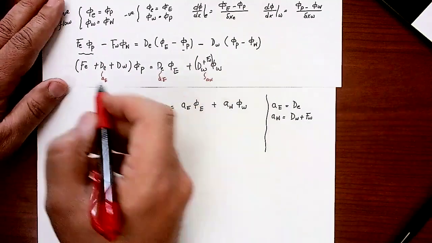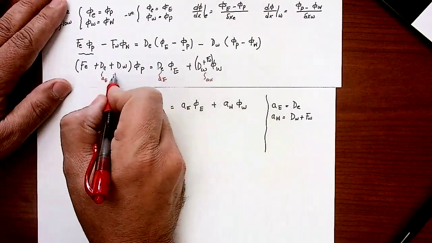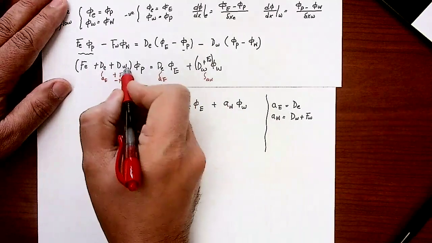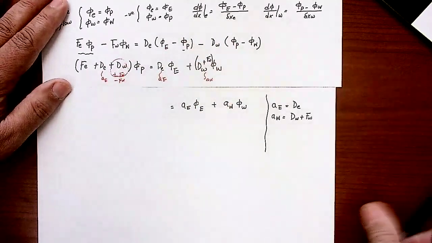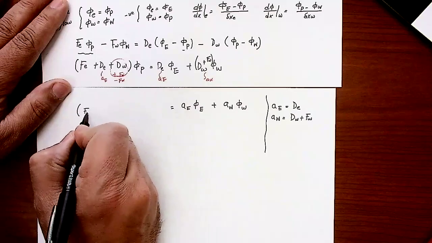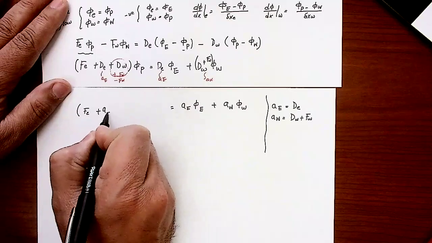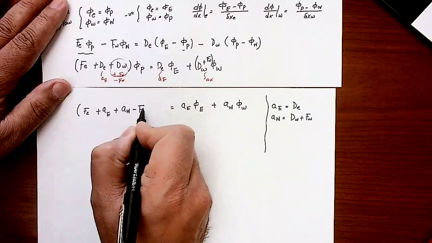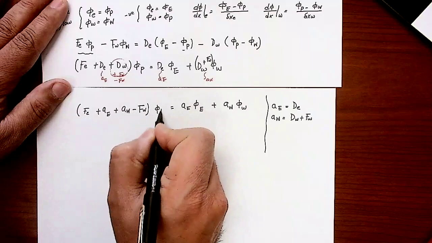Which means that I'm going to add F west and subtract F west. So now I can combine these two terms and call them A west. So I will have F east plus A east plus A west minus F west, that's totally multiplied by phi P.